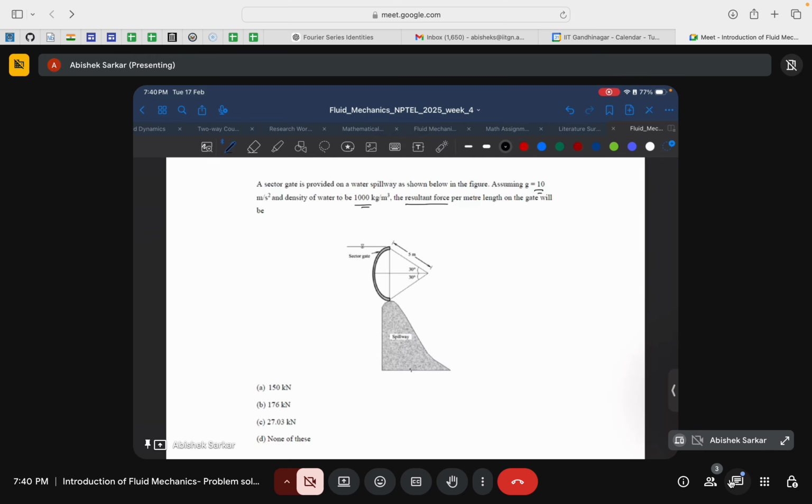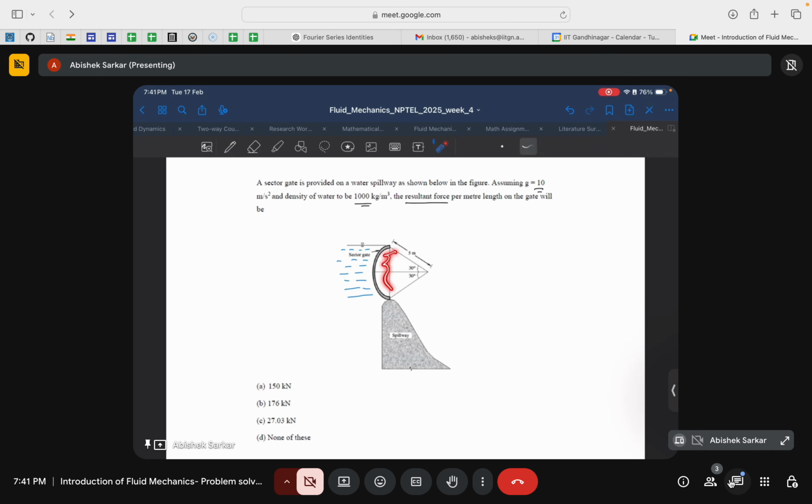if you see, the fluid is kept at this location. Okay, so this is the gate. As I already took an example, it's a semicircular half cylinder shaped gate, and of course there is no fluid in this region. But I already told you how to find the net forces.